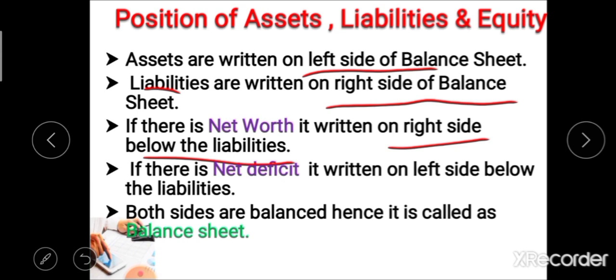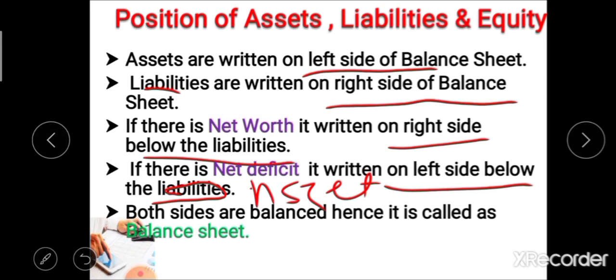And if there is net deficit, when liabilities are more than assets, then the net deficit is written on the left side below the assets. So this is the position of assets, liability, net worth and net deficit.